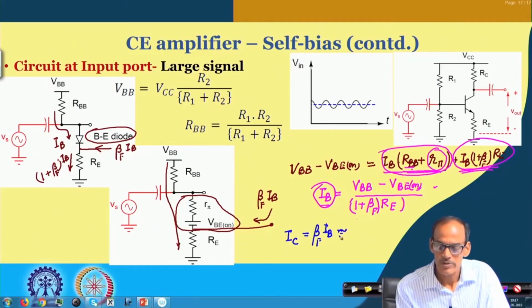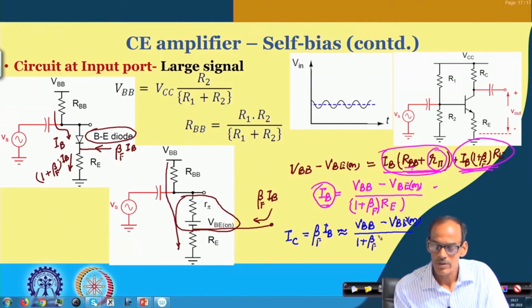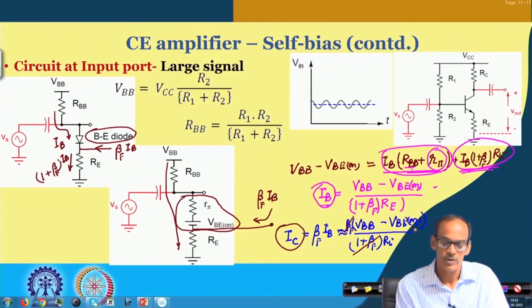So, we can approximate that VBB minus VBE divided by 1 plus beta F into RE, and then whole thing multiplied by beta F. So, we may ignore this one part and then we may cancel this part and this part. So, that gives us the collector current, it is independent of beta F. So, that is what again we are converging to the same point.